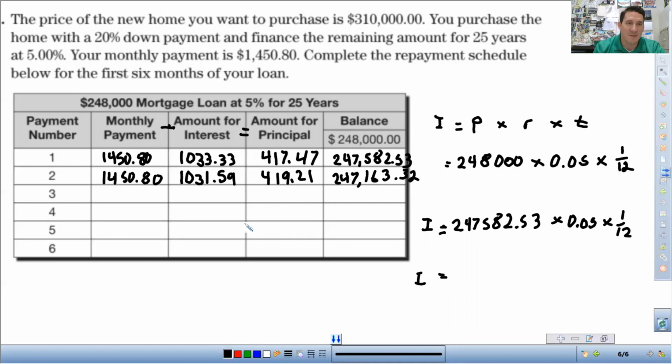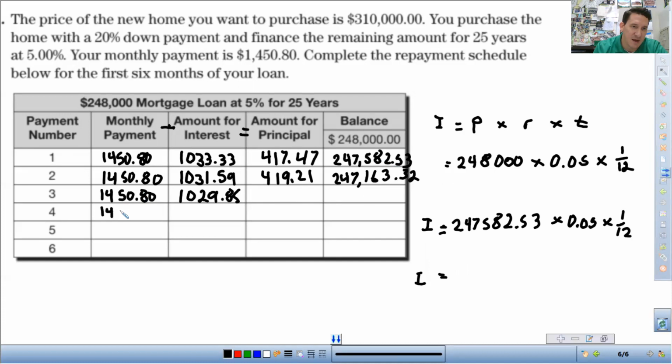You're going to do it one more time. I'm not going to do all 6 months because I think you're getting the process, but you just calculate the interest again with the old principal. So 247,163.32 times 0.05 times 1 divided by 12 comes out to 1,029.85. I should note that the monthly payment does not change.